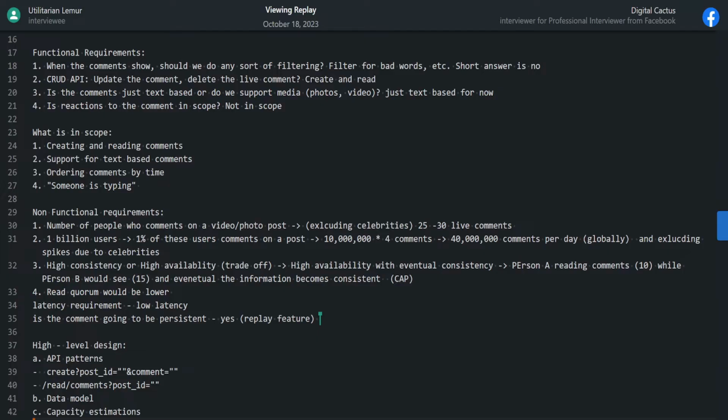Replay feature. I don't get what you mean. Oh, so replay would be, if I go to the whiteboard again, you saw comment 3 show up as a live comment.